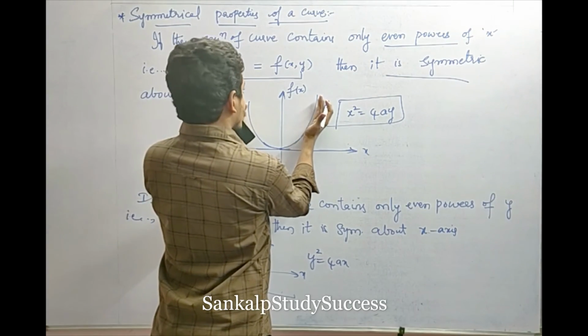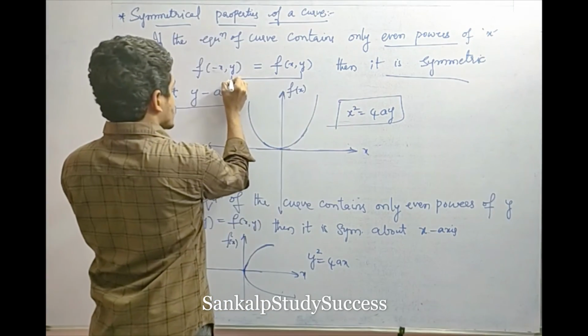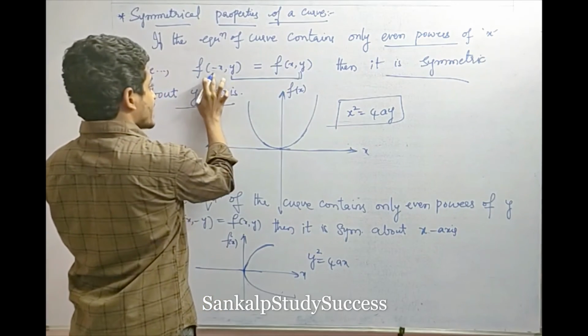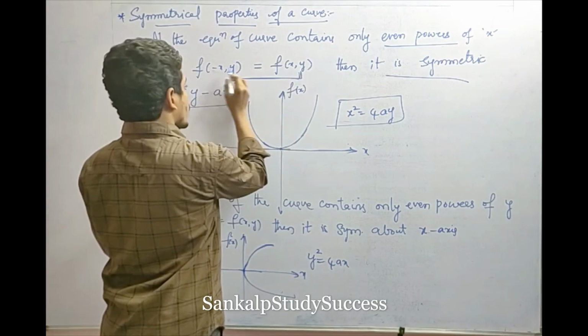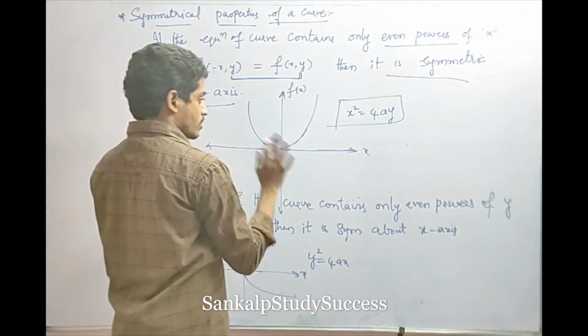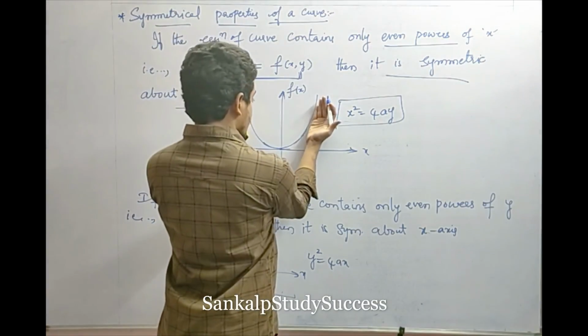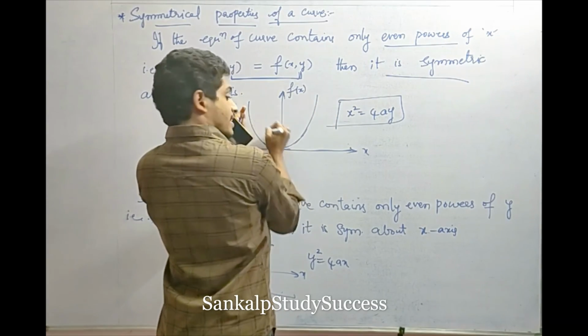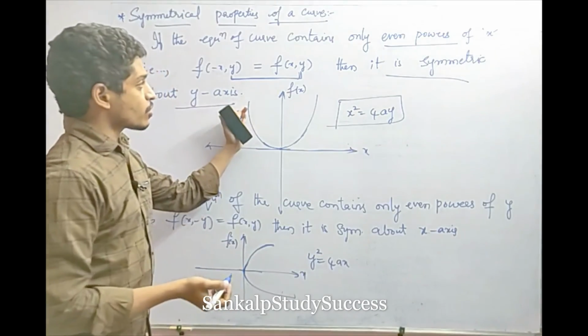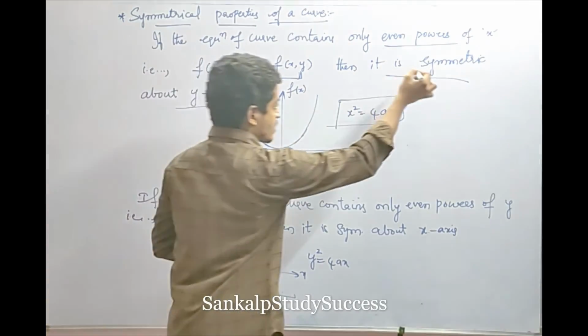To be symmetrical it has to follow this condition: only x has the negative sign, and y never has a negative sign. This is called even powers of x, and it is symmetric about the y axis.